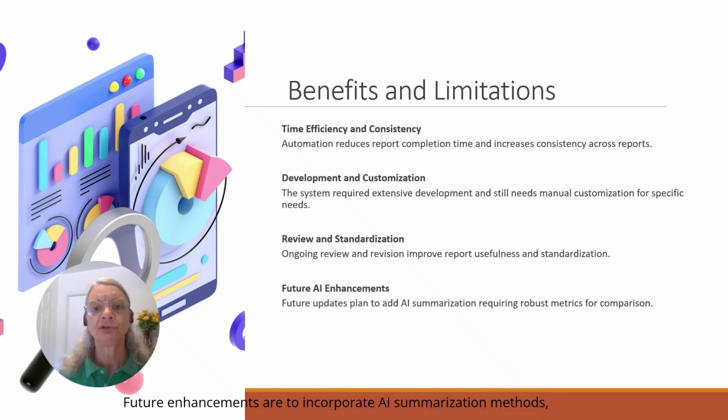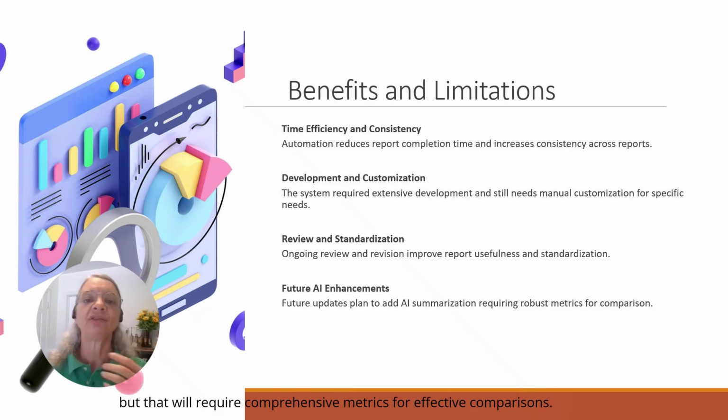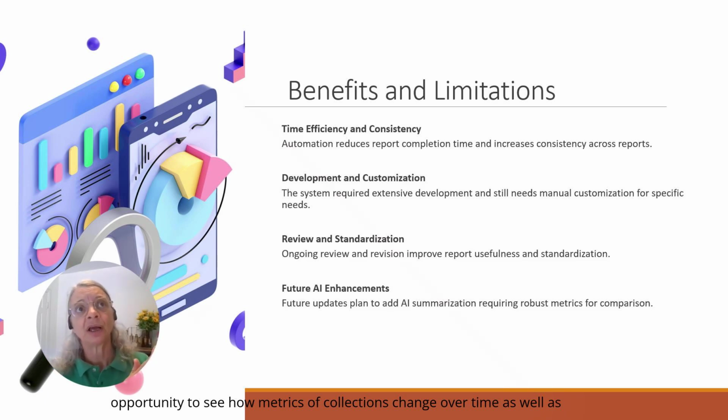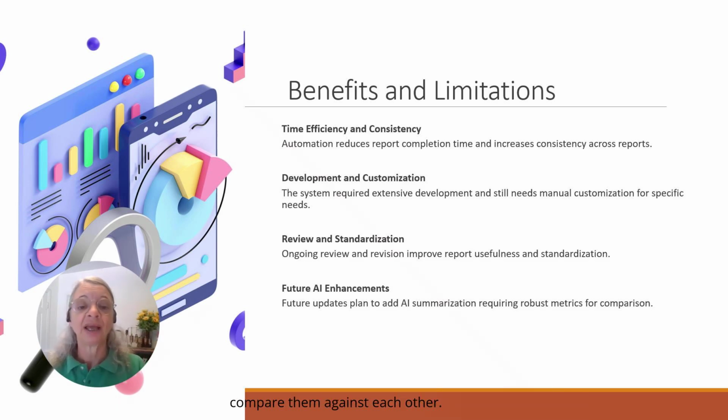Future enhancements are to incorporate AI summarization methods, but that will require comprehensive metrics for effective comparisons. The evaluations log table, the APR table we produce, gives us the opportunity to see how metrics of collections change over time, as well as compare them against each other.